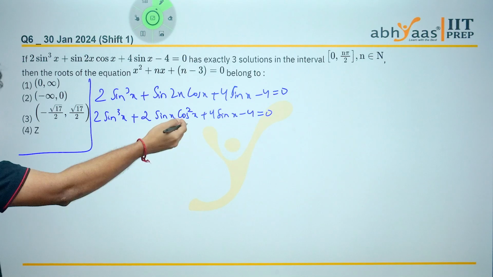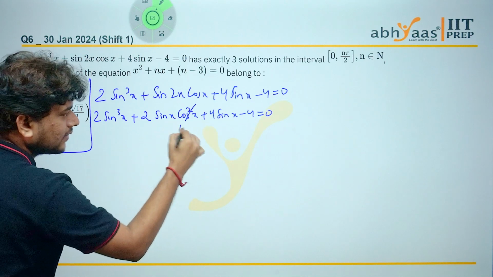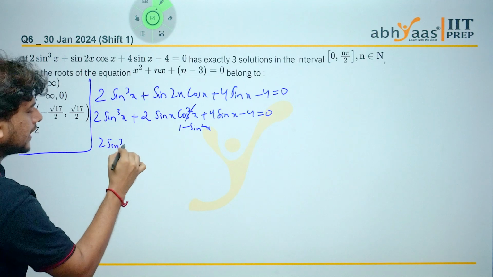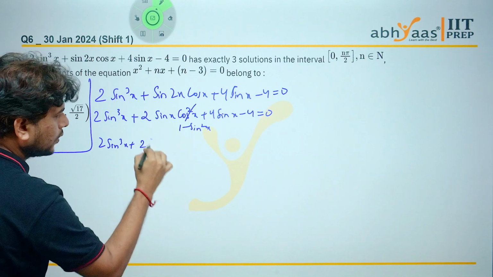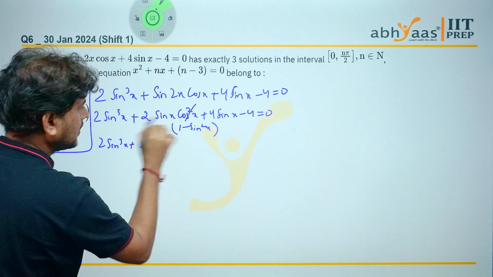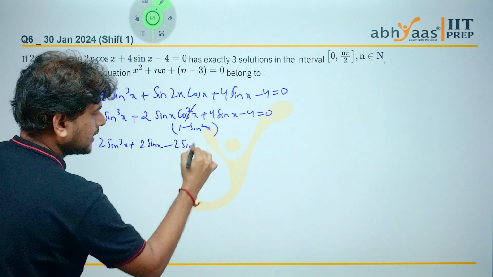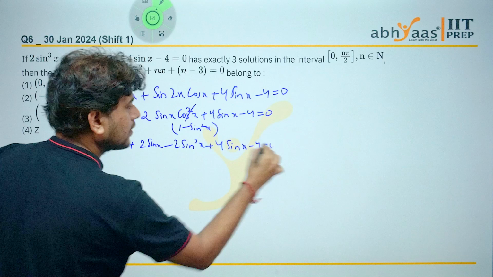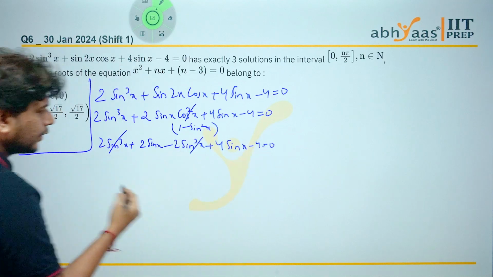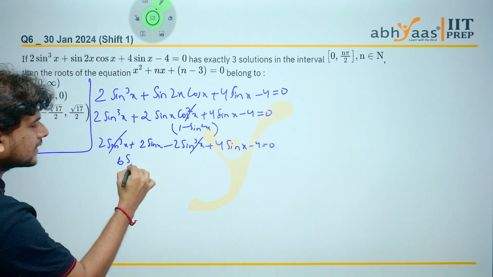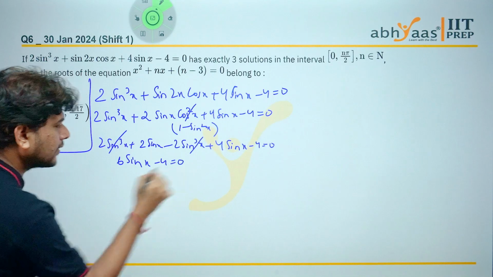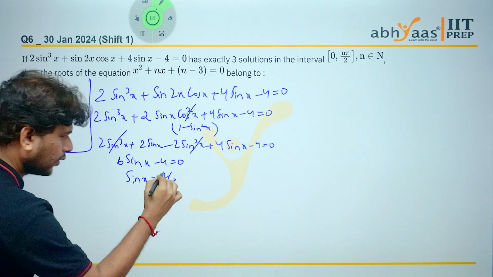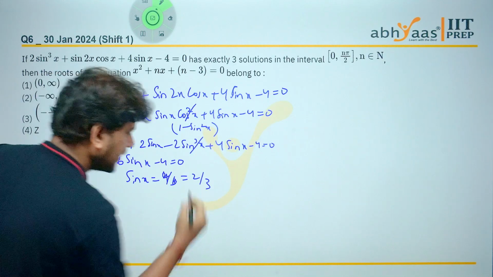Okay, again cos square can be written as 1 minus sine square. So multiplying we will get 2 sine cube x plus 2 sine x minus 2 sine cube x plus 4 sine x minus 4 equal to 0. Here 2 sine cube x get cancelled. So 6 sine x minus 4 equal to 0. Sine x will be 2 by 3. So 4 by 6 equals 2 by 3.